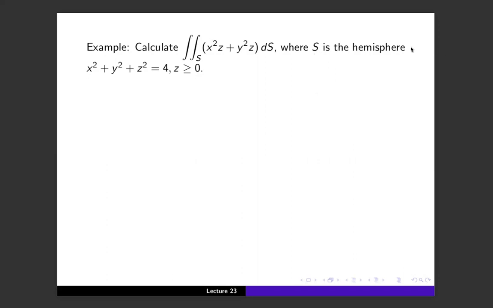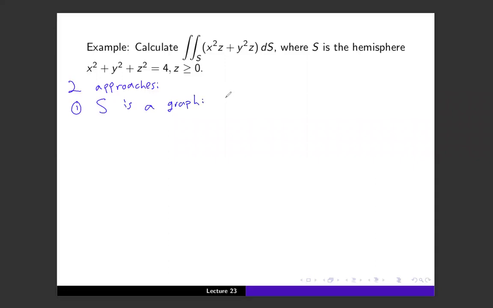There are two different ways we can do this. Here's one option. This is a hemisphere with z positive, so our surface S is the graph of a function.